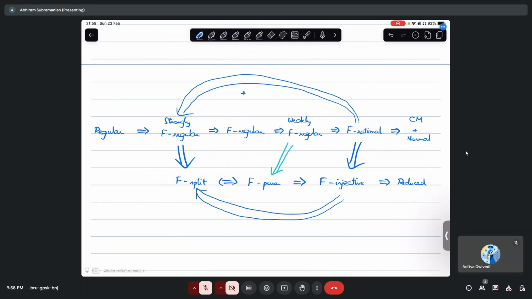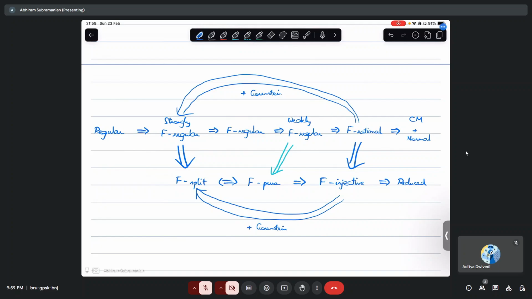This is Gorenstein. So what this says is that F-rational Gorenstein rings are strongly F-regular, and F-injective Gorenstein rings are F-split. This is a very strong claim, but it is true.